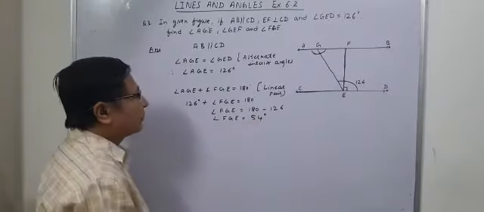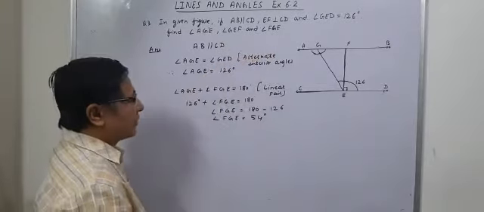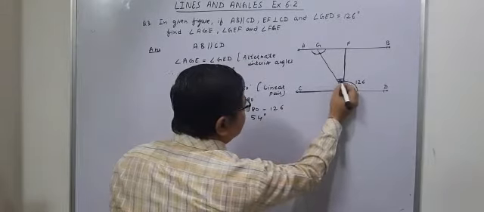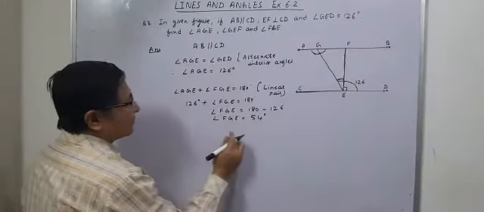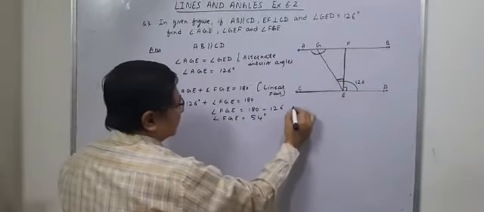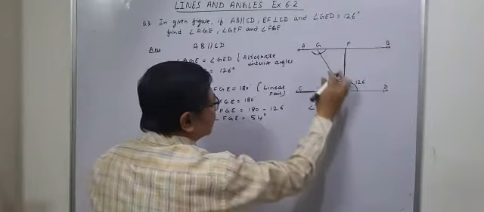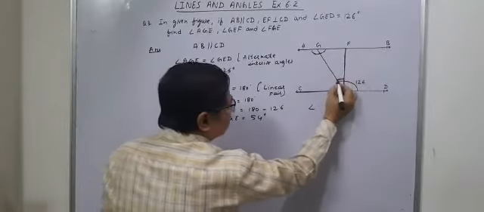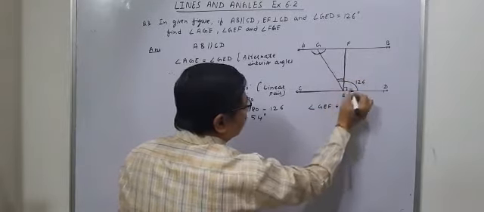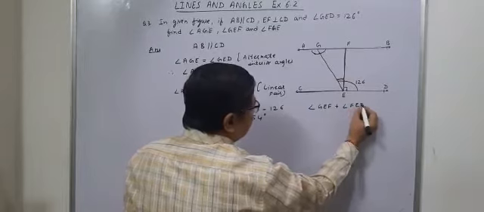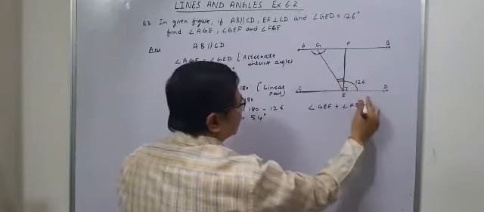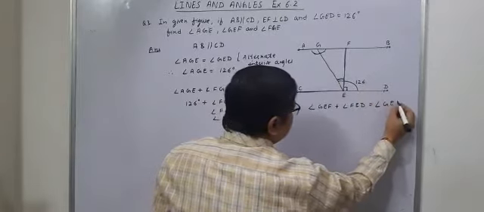Now one more angle we have to find, that is angle GEF. If you see carefully, this angle GEF we have to find. If I add angle GEF and angle FED, we get the angle GED, which is given in the question.